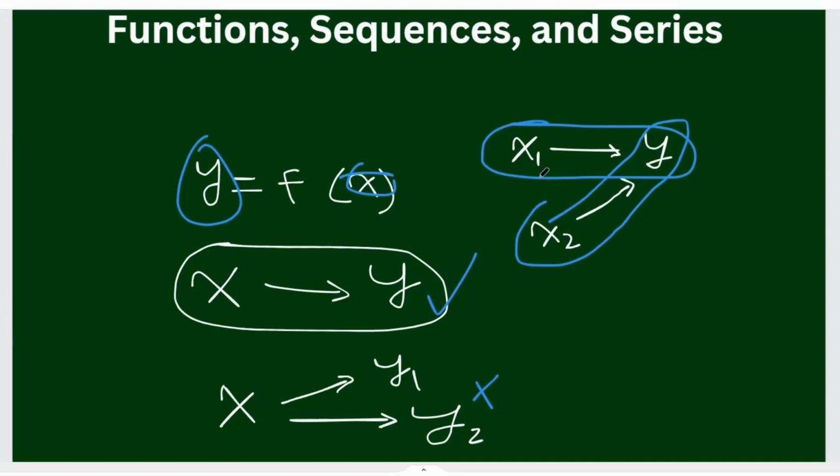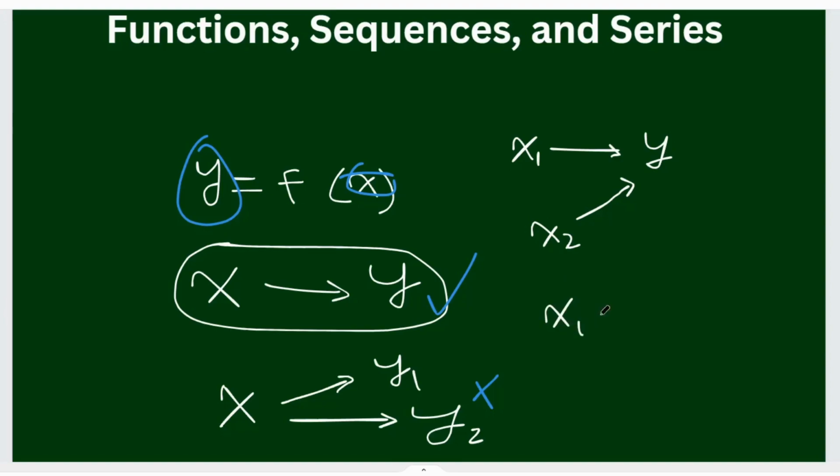Yes, these two give the same value, but that's okay. As long as it's one value of y for each value of x, that's good. However, if x1 gives y1, y2, and y3, all different, at the same time, that's not a function.